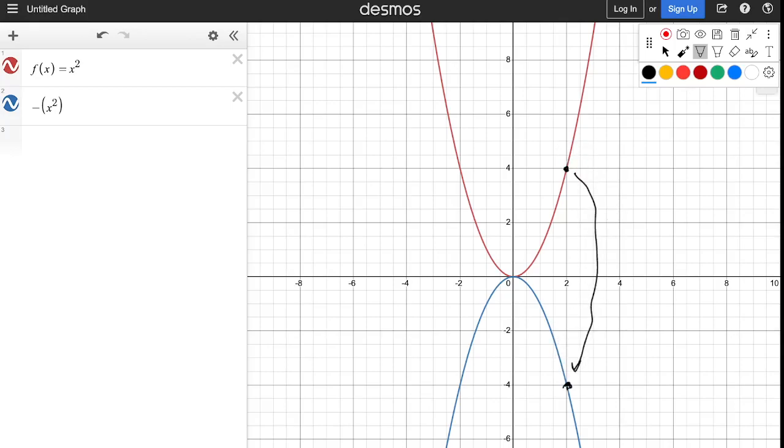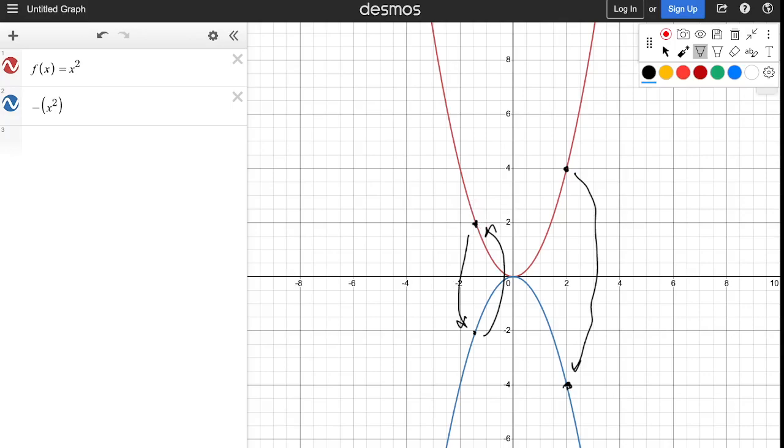This +2 at some value, probably the square root of 2, right, has become, we come straight down, has become -2. So that one's gone down there. We get a reflection.